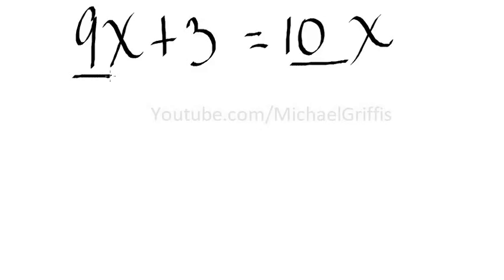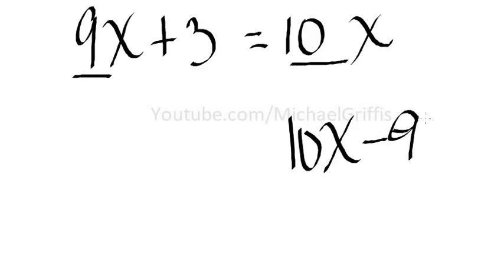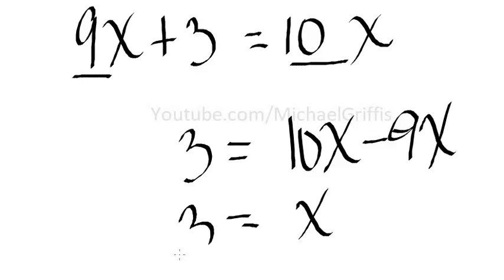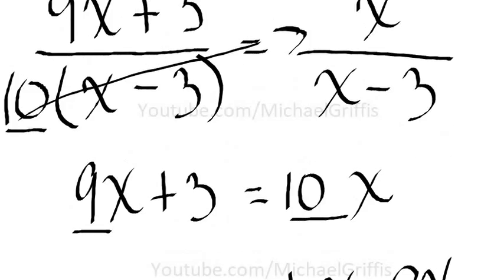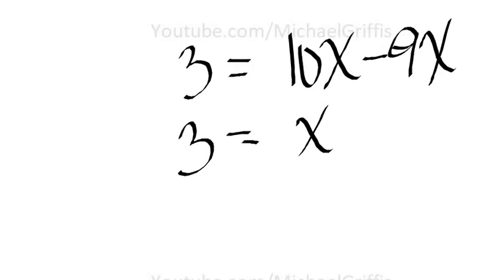So I'm going to leave the 10x over on the right and just bring the 9x over, so that becomes negative 9x. That's why we're not dealing with negative coefficients. And then we're left with x is equal to 3. Boom. Pretty simple. X is equal to 3.